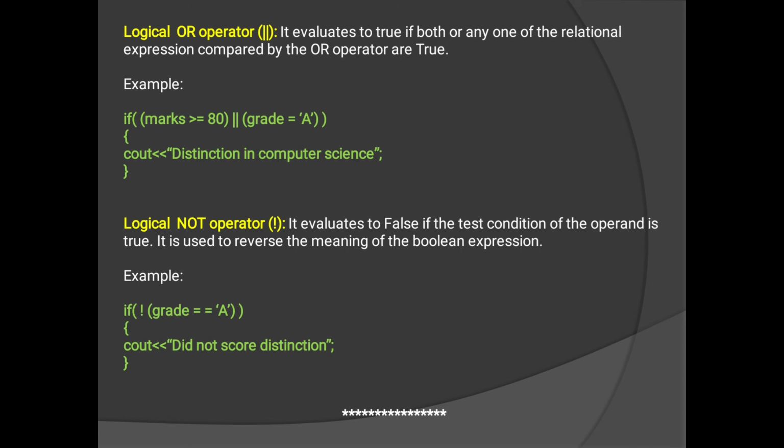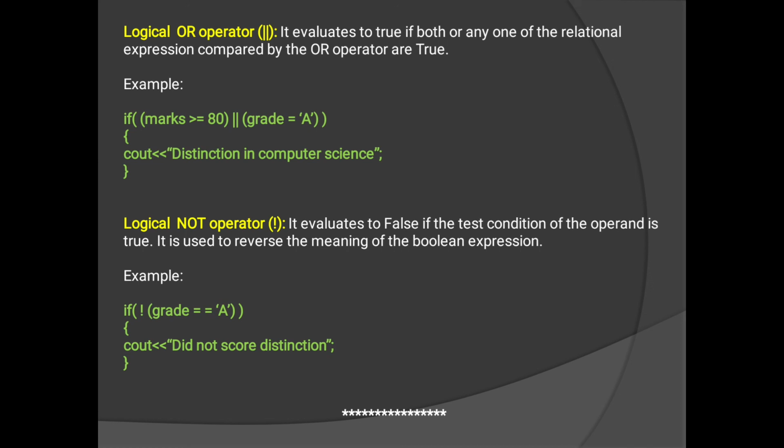So here, suppose we write if grade equals A. Here we're using a relational operator, equals A. So if the user enters A, which is true, but since you're using that exclamation mark, the NOT operator, it will display the exact opposite in the cout statement, that is, did not score distinction, like that.